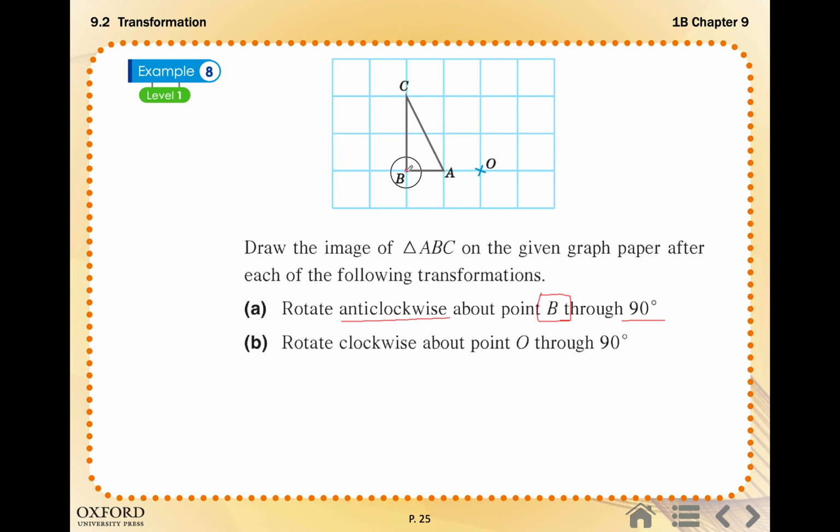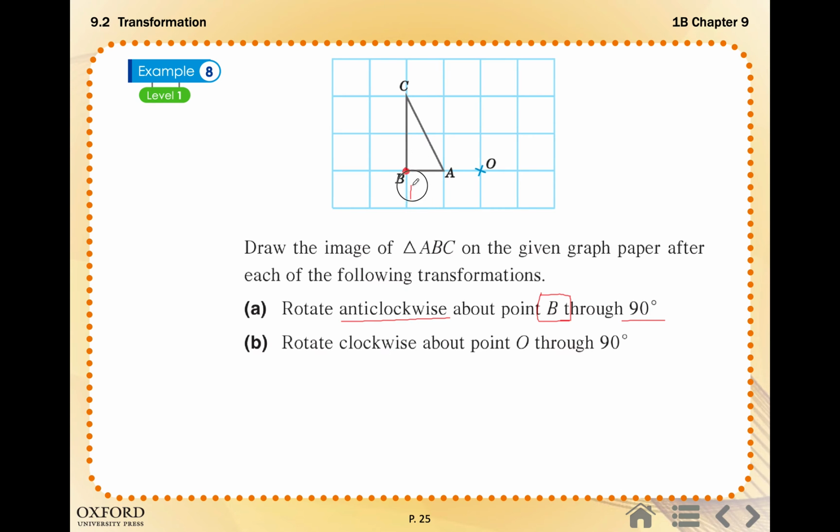So here is the fixed point. You have to rotate the triangle about this fixed point. That means this point will not move. And this point B is also lying on the triangle. That's why B, after the rotation, will not move.